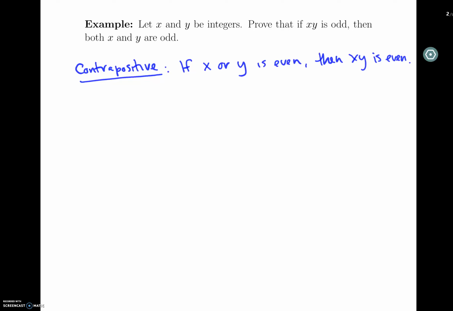As you can see, this is probably going to be an easier statement to prove. So let's go ahead and prove our statement by contrapositive. Again, we're going to tell the reader that we're going to use the contrapositive.